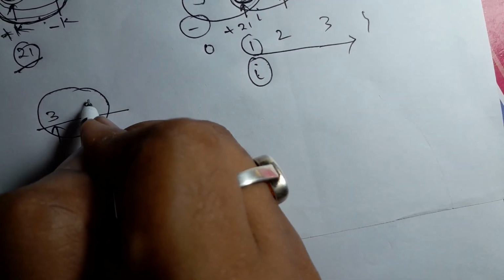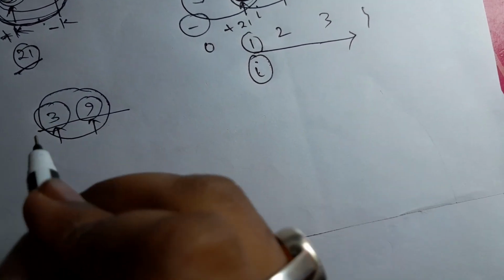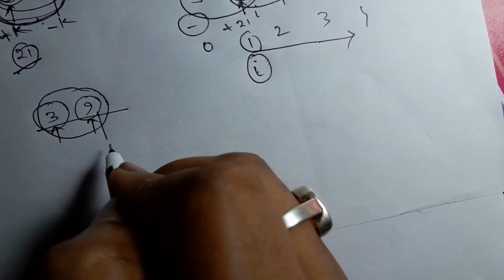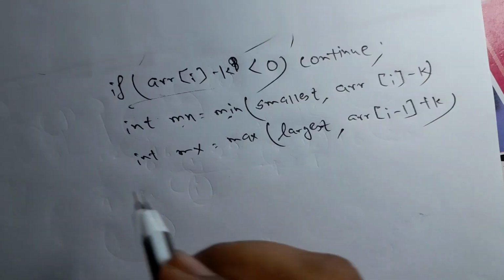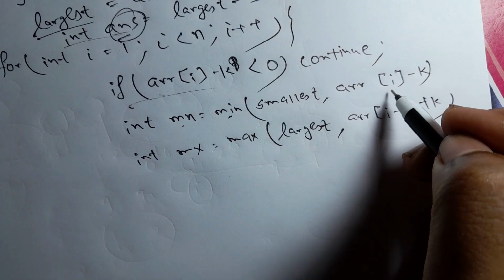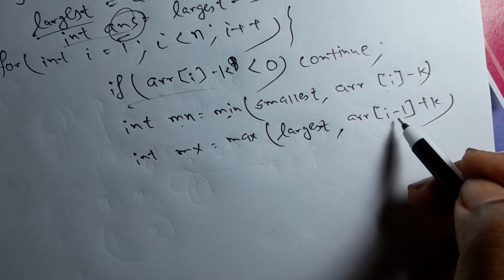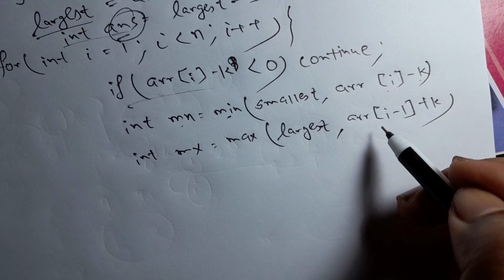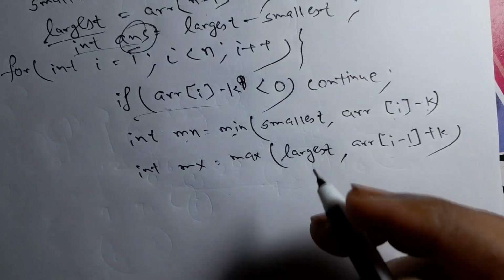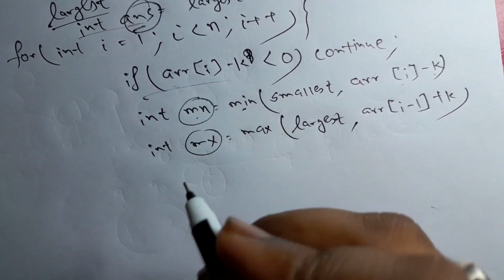And the array is sorted. We know that the largest element will be in the right side and the smallest element in the left side. So we will minus from the largest element and we will plus with the smallest element. So our largest element in the right side, so I have done array of I minus k, and the smallest element in the left side, so I have done array of I minus 1 plus k.